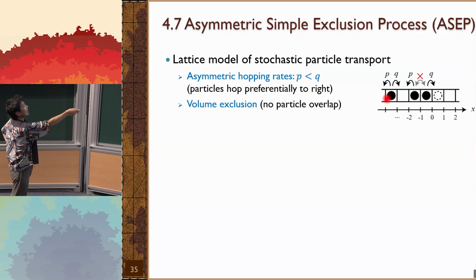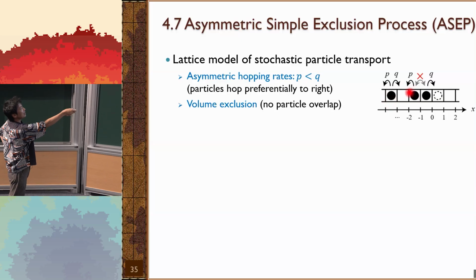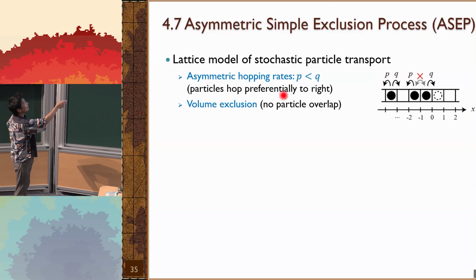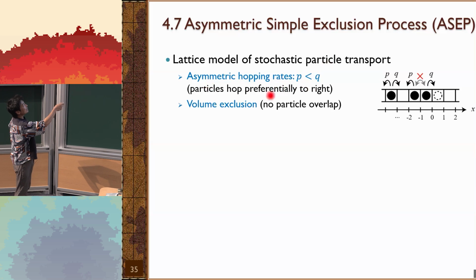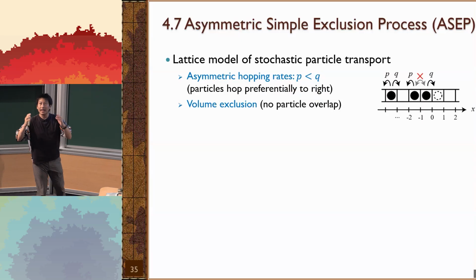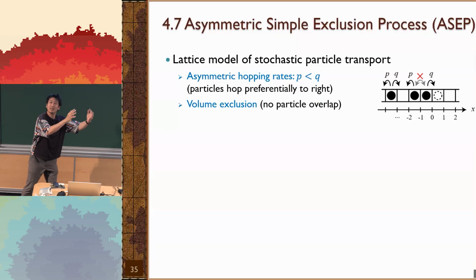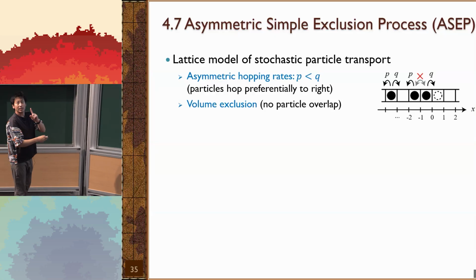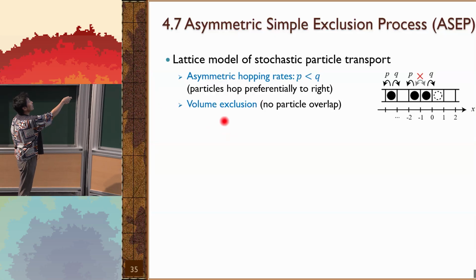And each particle can hop to one of the neighboring sites with the rate q for the rightward hop and rate p for the leftward hop. And p and q are different, so that's why it's called asymmetric. And I said q is greater than p, so the particles tend to move toward right on average. And the only interaction between particles is volume exclusion.